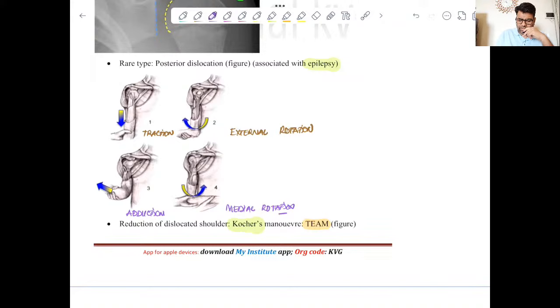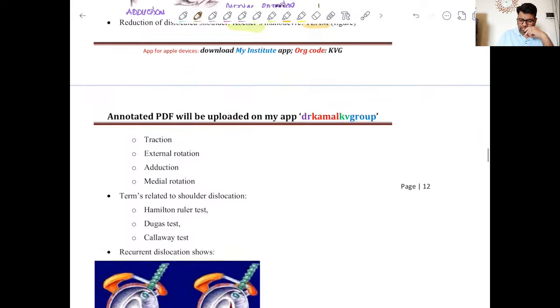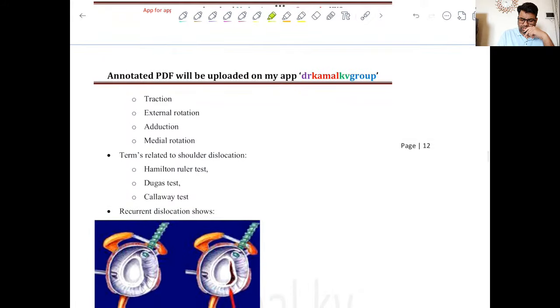Clear? So that is the mnemonic TEAM for Kocher's maneuver for reduction. So this is the TEAM: traction, external rotation, adduction, and medial rotation.